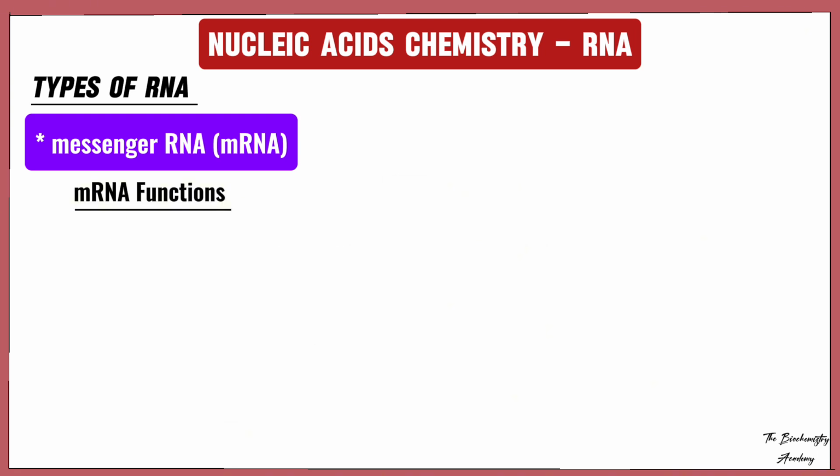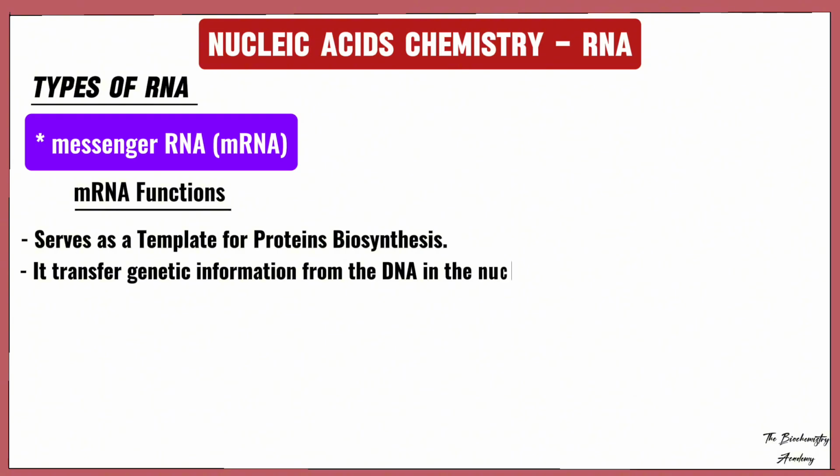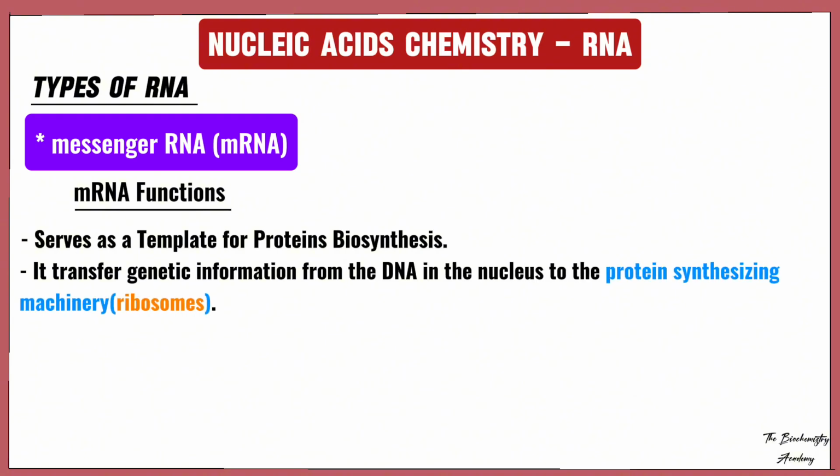Now, let us understand the functions of mRNA. Now, mRNA serves as a template for protein biosynthesis, and it transfers genetic information from the DNA, which is in the nucleus, to the protein synthesizing machinery.